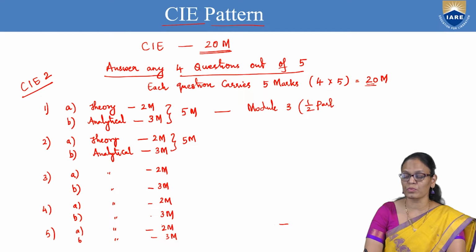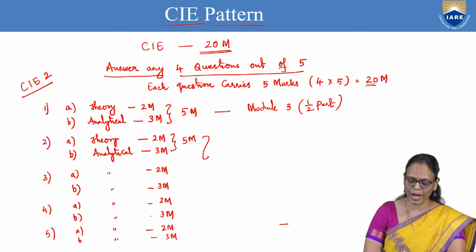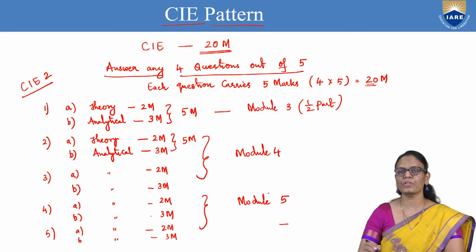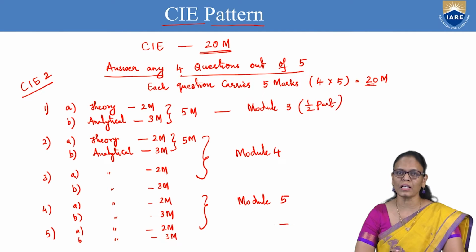So again we have 2.5 modules for CIE 2. Questions 2 and 3 will be from module 4 and questions 4 and 5 will be from module 5. If you have this clarity in mind, it will be very easy for you to prepare for the exam.